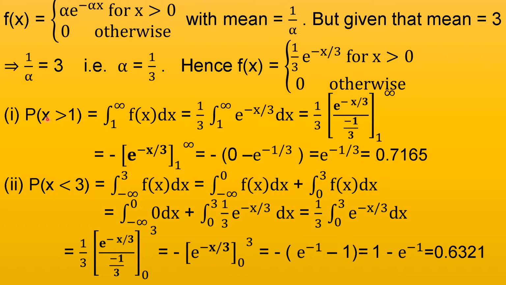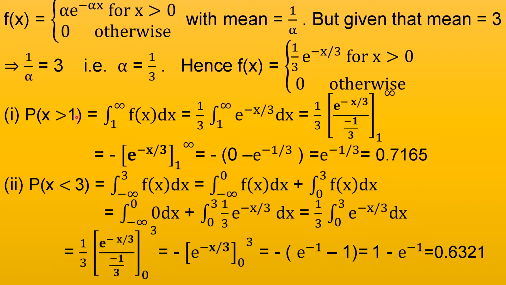Now the first one, probability that x is greater than 1. We have seen in continuous probability distribution that the probability that x is greater than a and less than b means integral from a to b of f of x dx.